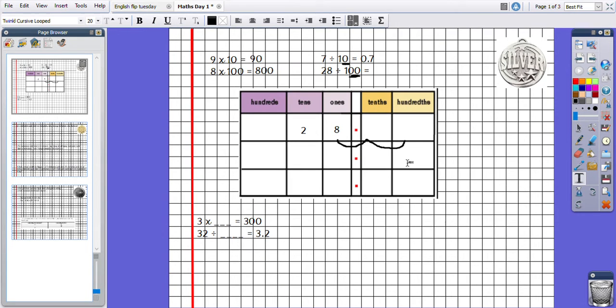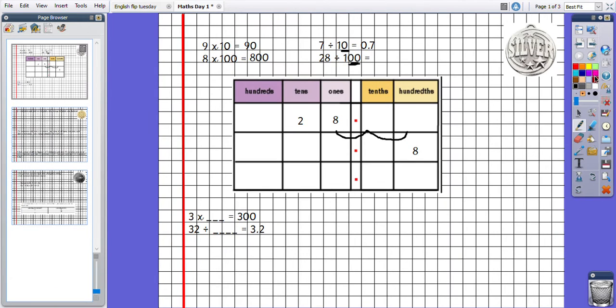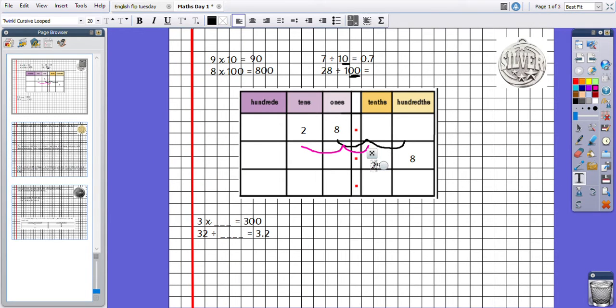So I know my 8 is now in my hundredths column. And then I'm going to move my 2, 1, 2. So my 2 has become 2 tenths. It's in the tenths column. And I'll pop in my placeholder to show there is no whole digits. So my answer is 0.28.